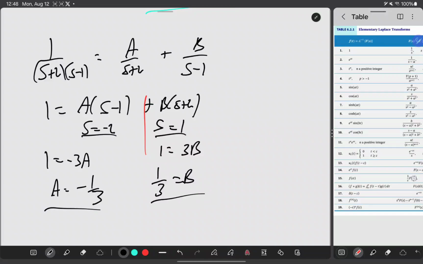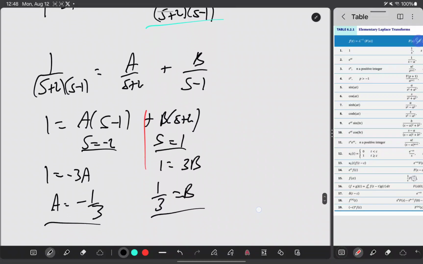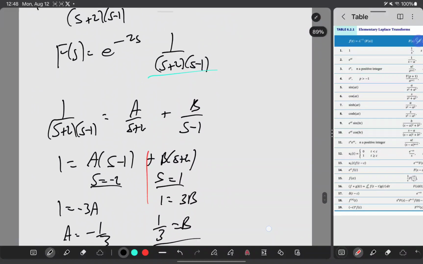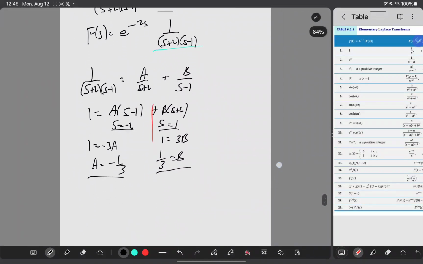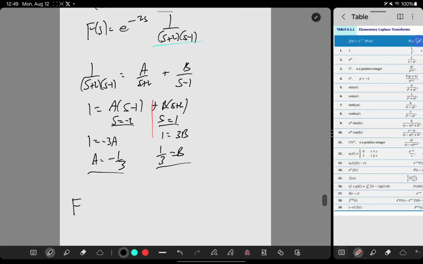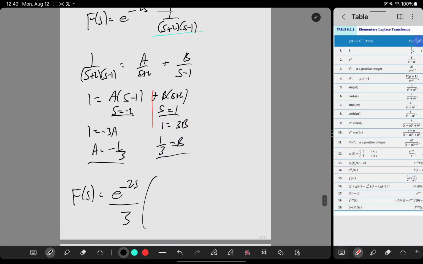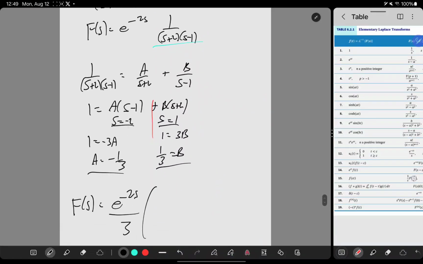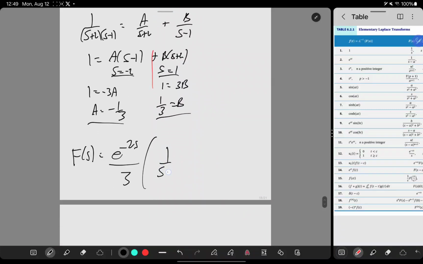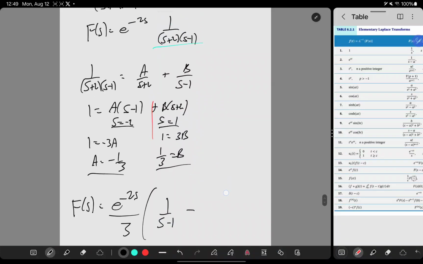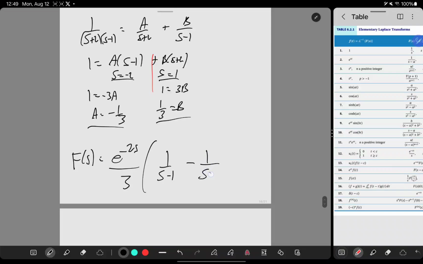Okay. So we are left with, I guess I can pull out the 1/3, right? Let's do this. Yeah, let's pull out the 1/3. And then we'll be left with 1 over s minus 1, minus 1 over s plus 2.